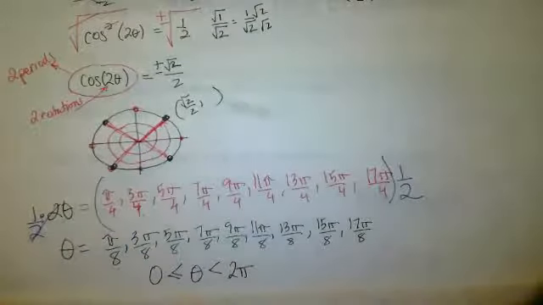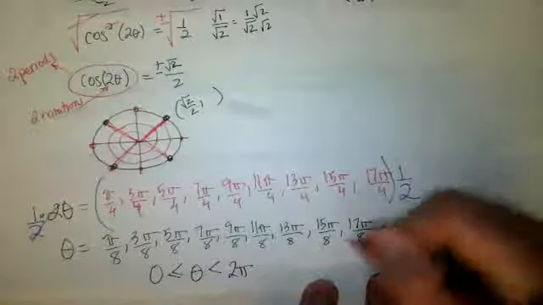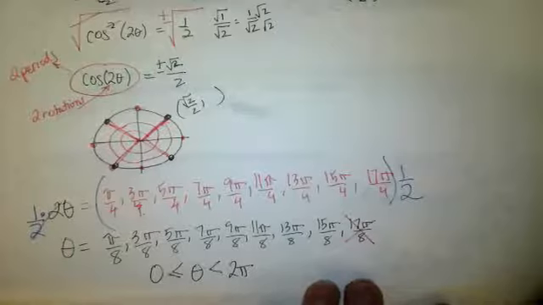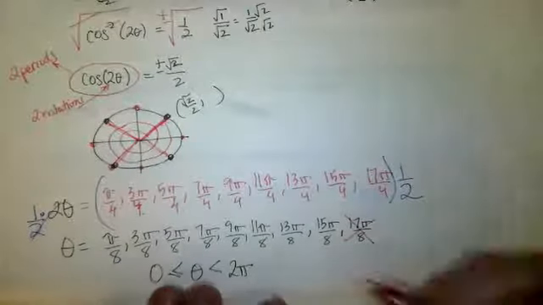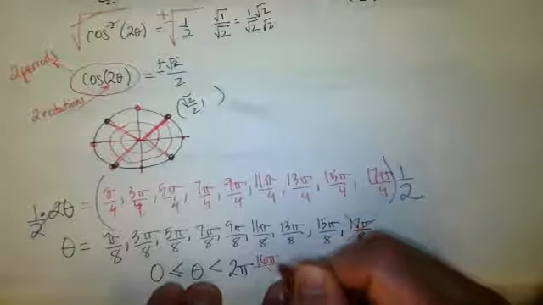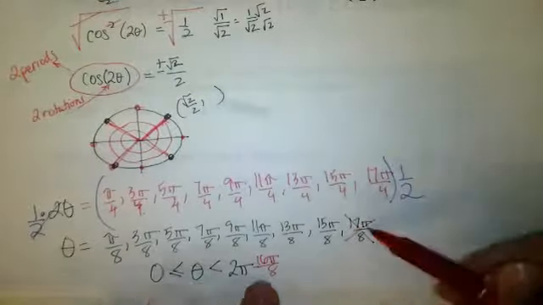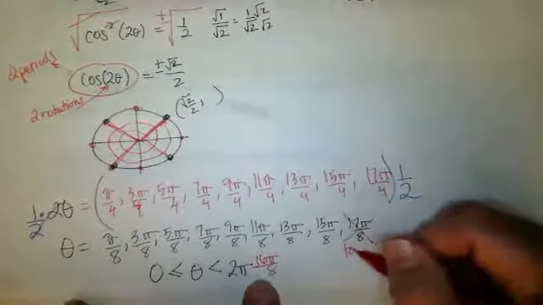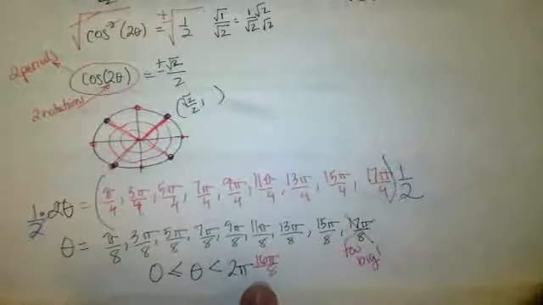Which of these answers doesn't belong? 17. Why doesn't 17 pi over 8 work? It's beyond 2 pi. 2 pi would be 16 pi over 8. 17 is too big. Does that make sense to you?